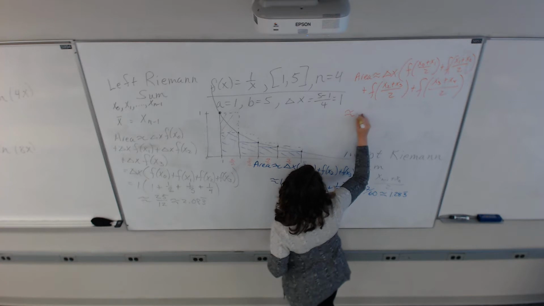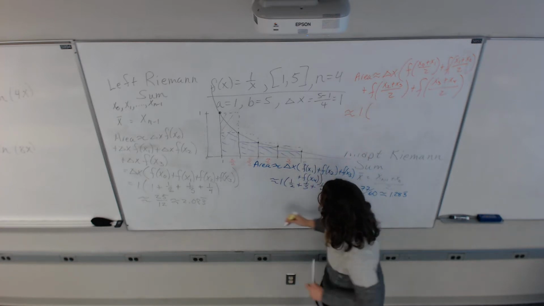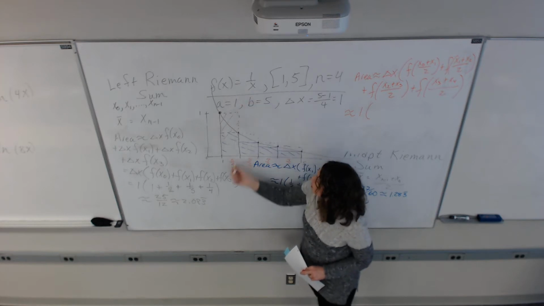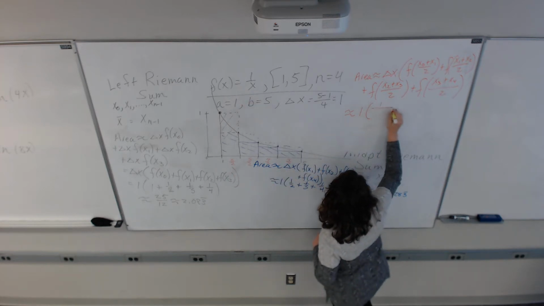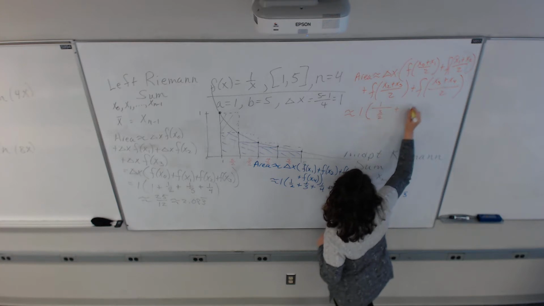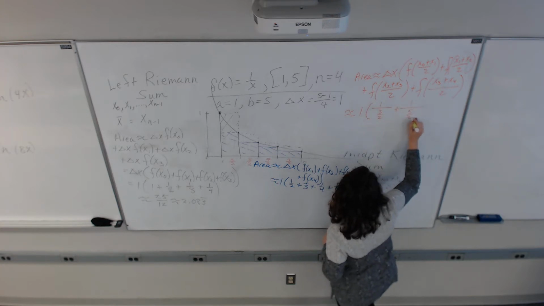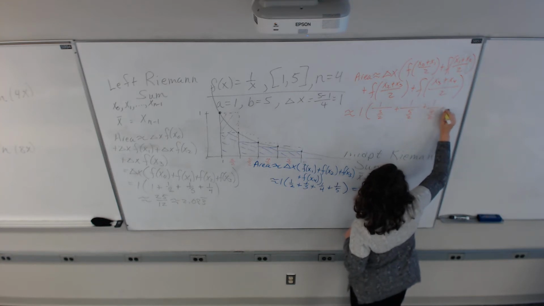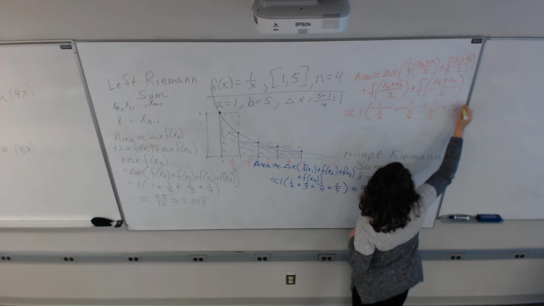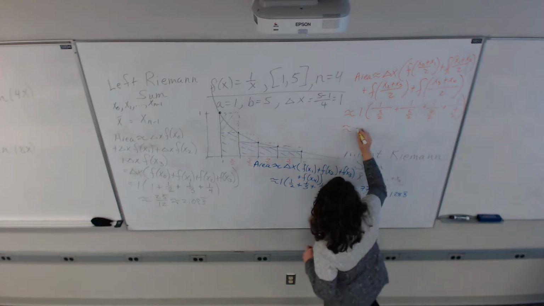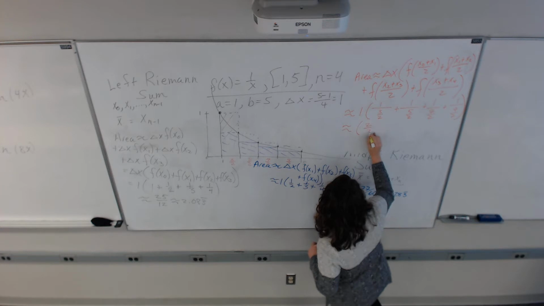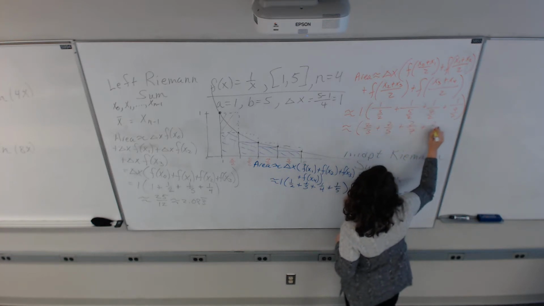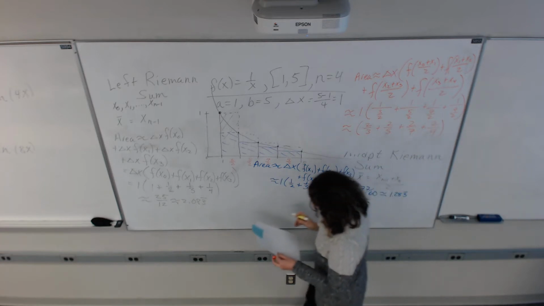Working all of that out, I plug it into the function, which is 1 over 3 halves, and the next one is 1 over 5 halves, 1 over 7 halves, and 1 over 9 halves, which we decided meant this is 2/3 plus 2/5 plus 2/7 plus 2/9.